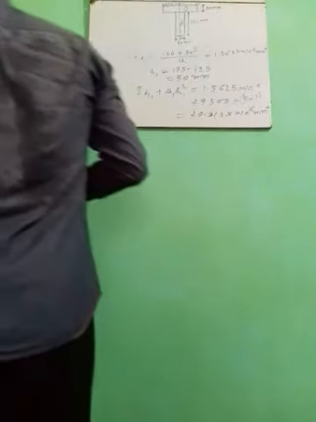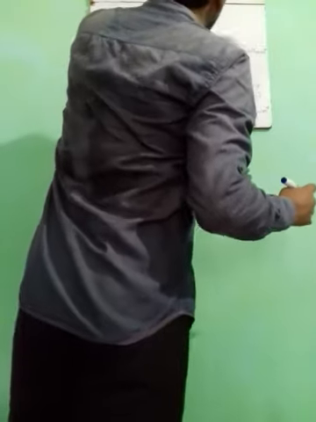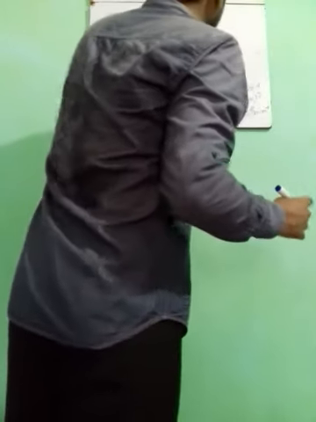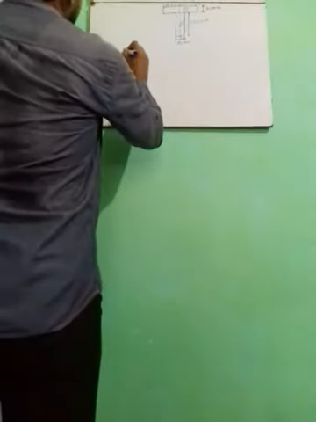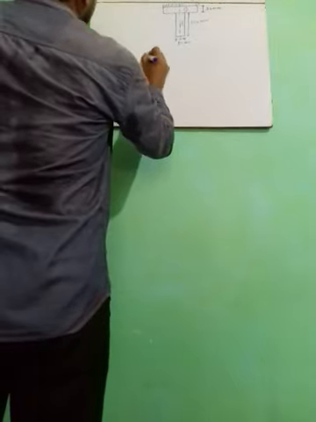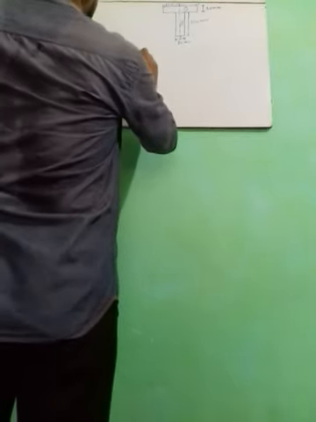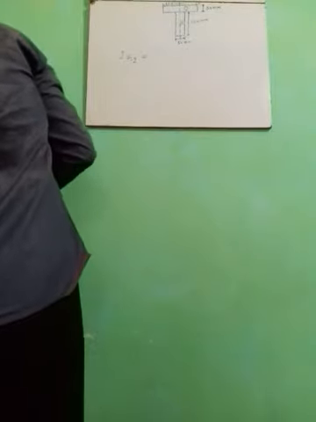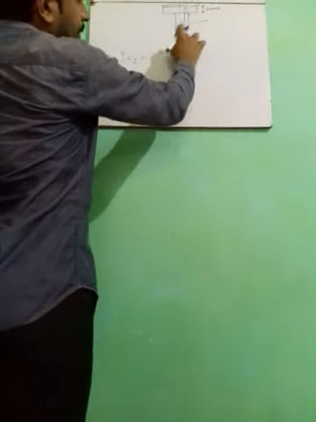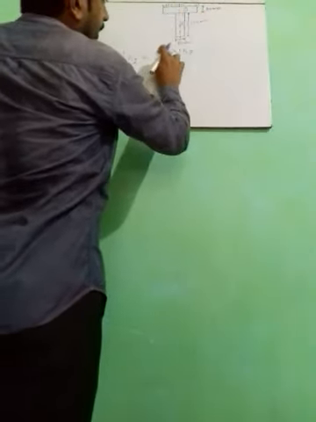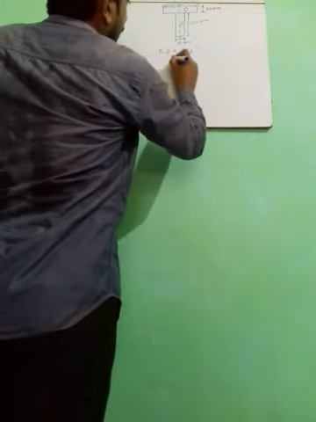Similarly, we can get the moment of inertia of the second figure, figure 2. Ig2 equals B D cube by 12, where B is 50 and D is 150.